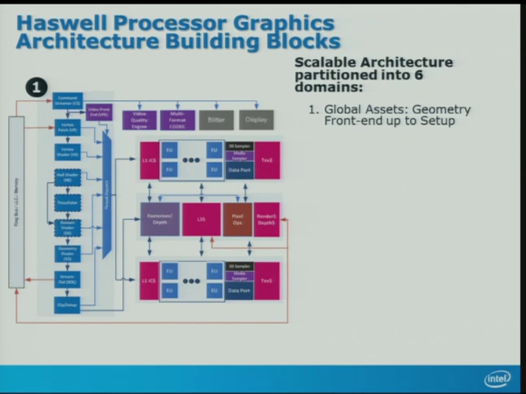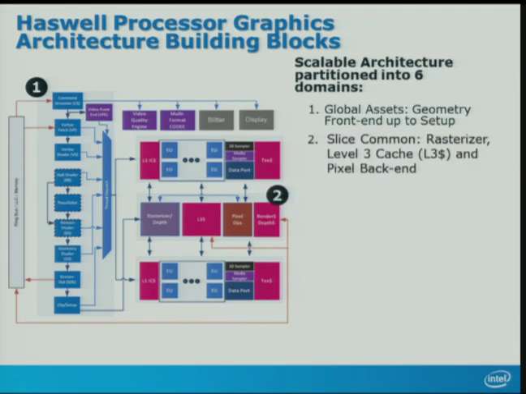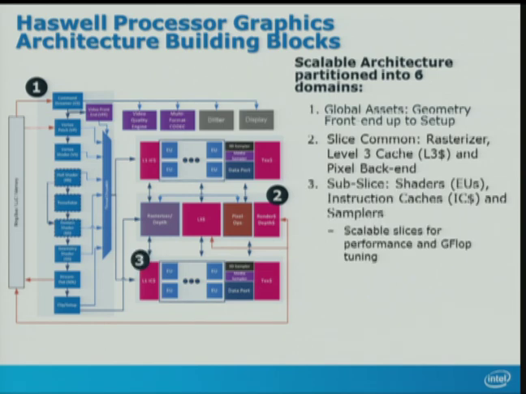One is where the global assets are: the front end, the setup engine, if you will. Second is the common slice, where the rasterizer, the cache, and the pixel backend live. Then you have 2 sub-slices, where the execution units, the instruction caches, and the samplers live.